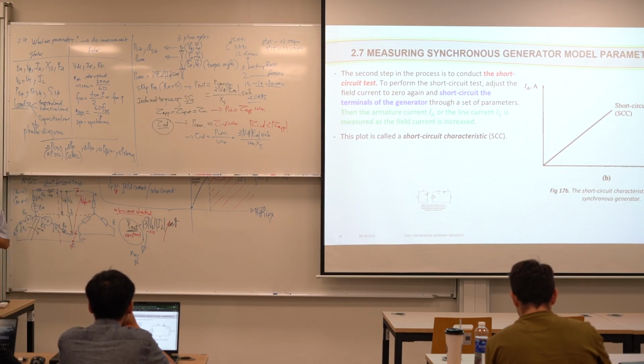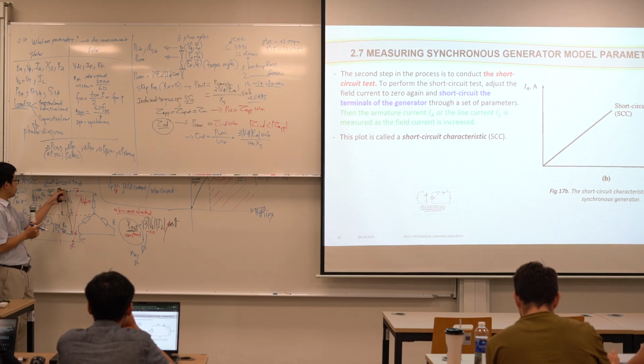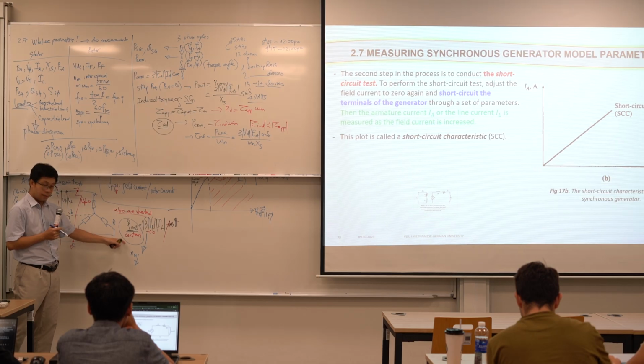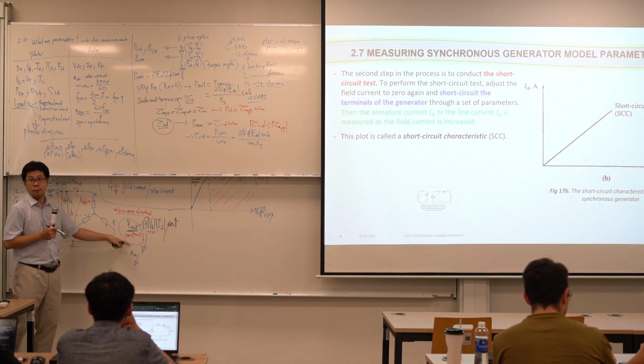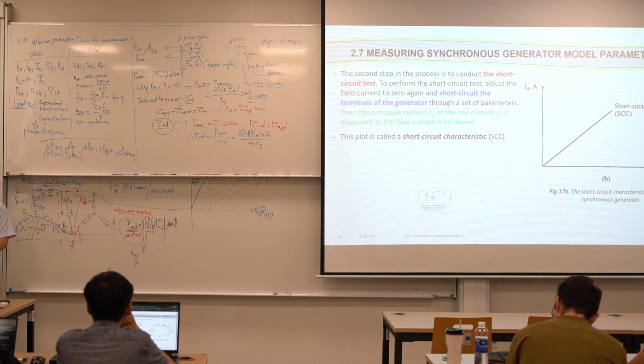So if you go to the lab and Mr. Hill guides you to do the short circuit test, please remember to reduce the output power. Otherwise, you fail the lab session. Doesn't mean you fail this course.